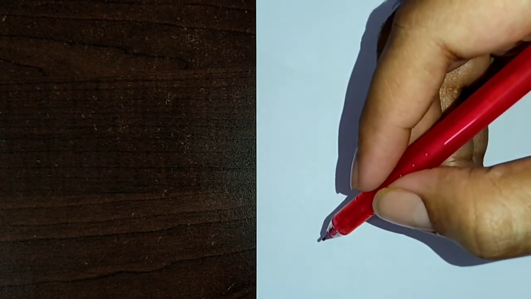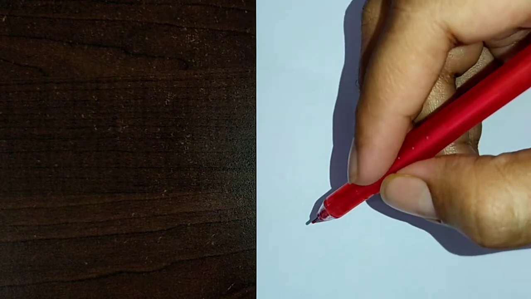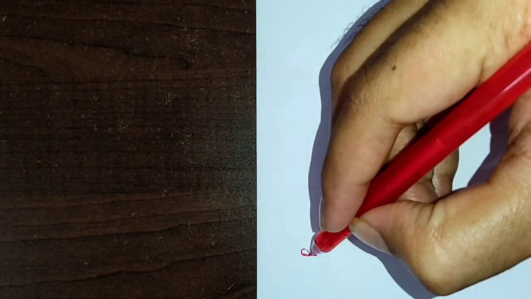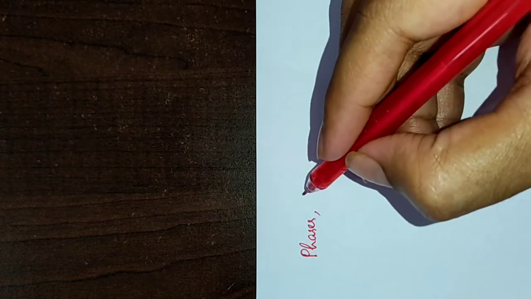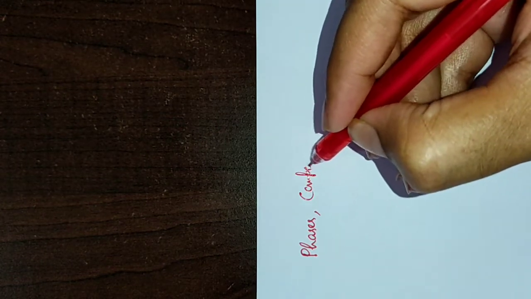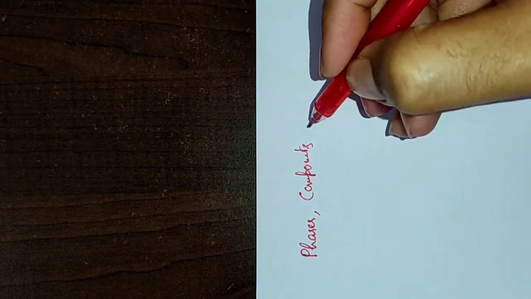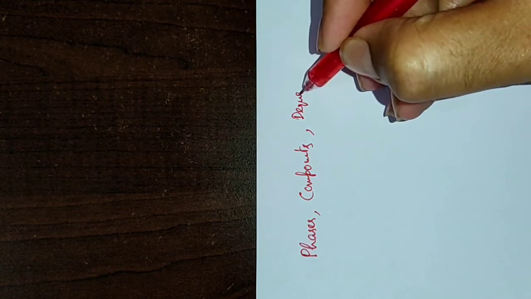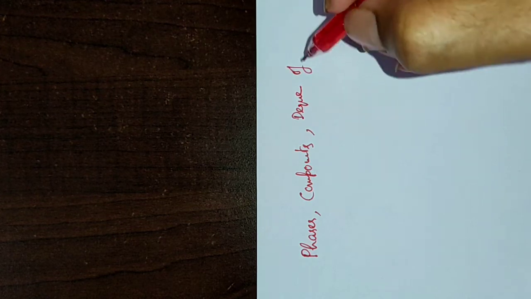I will discuss the phase rule in this lecture. Gibbs deduced the theoretical relation between the number of phases, number of components and degrees of freedom, also known as the variance.